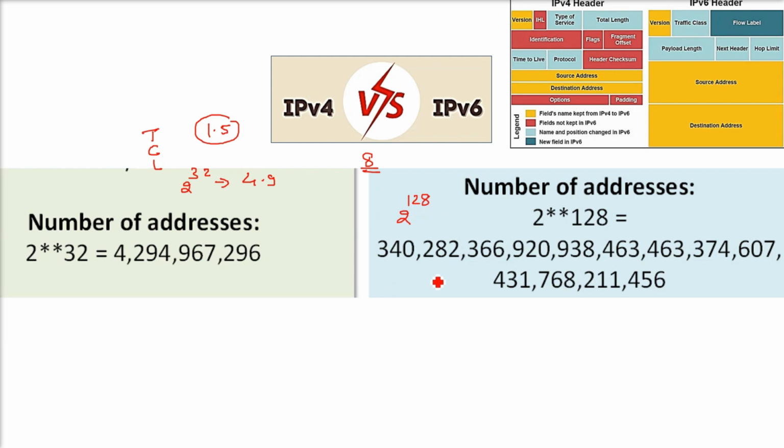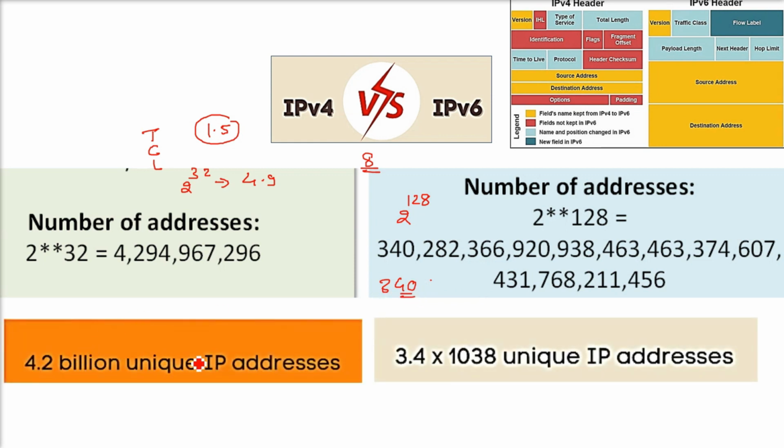2 to the power 128, because IPv6 is a 128-bit addressing scheme, you can generate 2 to the power 128, that is 340 undecillion numbers. So let me tell you again, IPv4 can generate a maximum of 4.29 billion unique addresses, but with IPv6, 3.4 into 10 to the power 38 unique IP addresses can be generated.